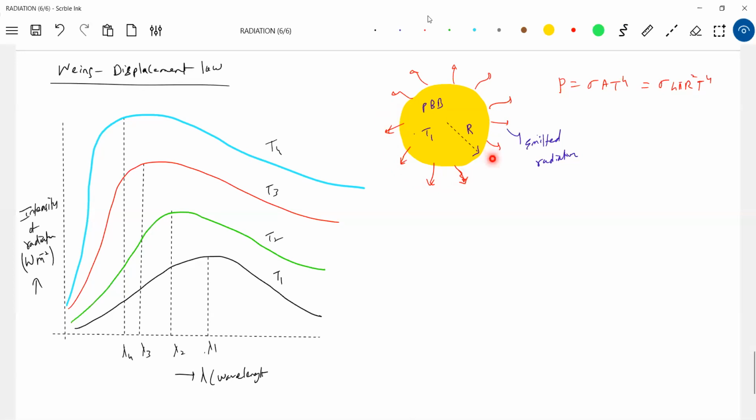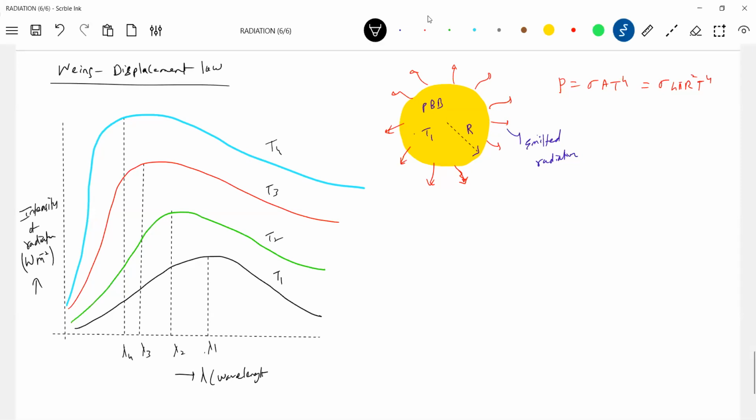What I notice is that I will get all the wavelengths from the lowest value, don't take zero, not possible, to the highest value. So a body at a given temperature will give out radiation of all wavelengths.